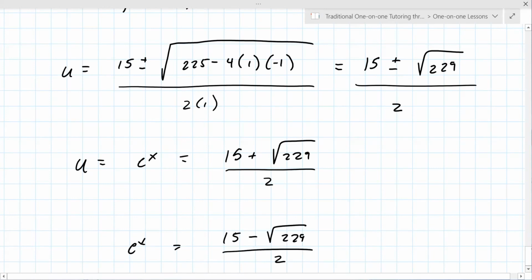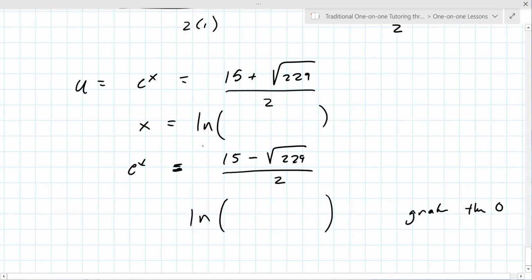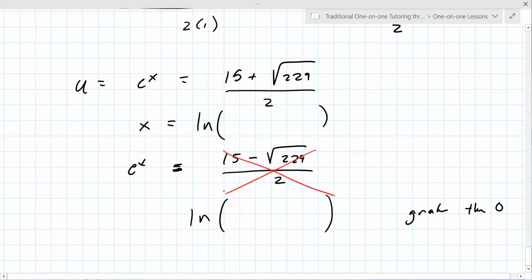There is a small problem with the second one, because the square root of 229 is bigger than 15, so you get a negative number. When x is equal to the natural log of this thing, you can only take the natural log of numbers greater than 0. So this one is excluded, but this one is okay. Again, you need a calculator to do it.